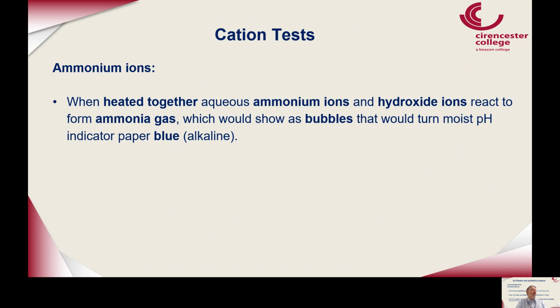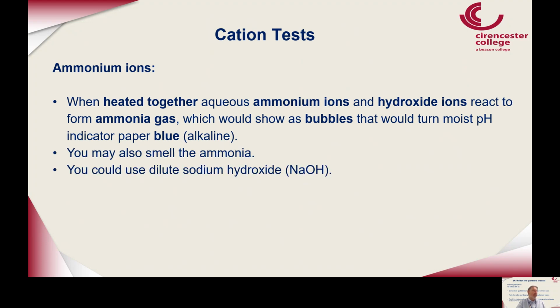But you don't want to touch that paper to the sides of the tube. If you use a boiling tube, you can put it at the top, and the ammonia gas should come up and react with the water on the damp paper to make hydroxide, and that will make the paper go blue. You can also smell the ammonia.